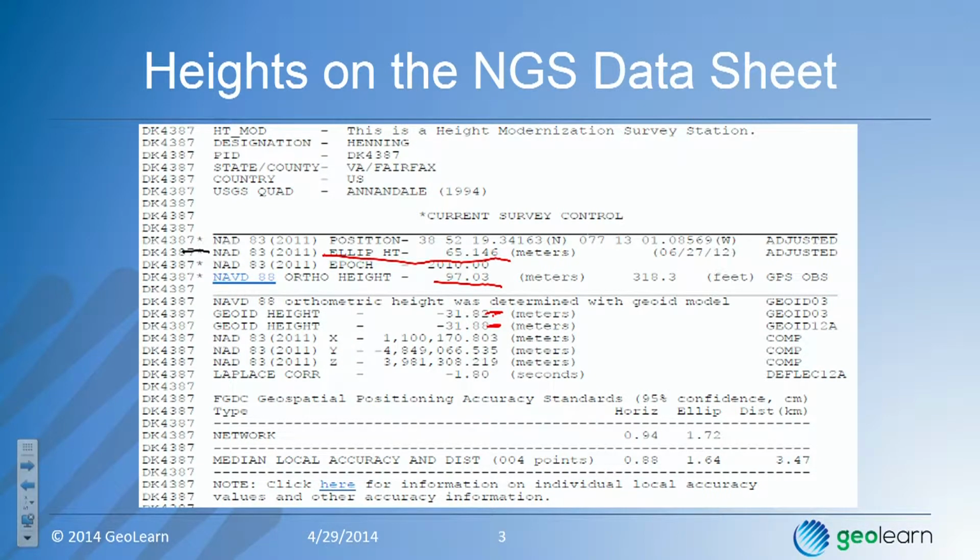The network accuracy is a relationship to the datum, if you will, to simplify it. And the local accuracy is a relationship to other stations that were done in the same campaign, same adjustment. And that is at 95% confidence. You're looking at centimeters. So you can see some of the different heights on this NGS data sheet.